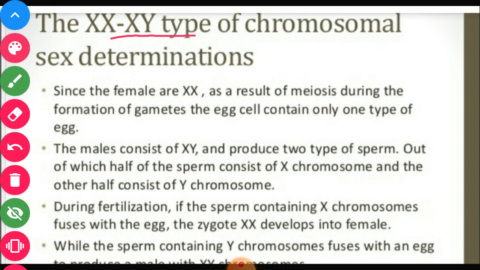In female they have both similar chromosomes, those are X, but in male they have two types of chromosomes, X and Y. So during fertilization, if the sperm containing X fertilizes the egg, then the combination is XX type, and they develop into female.